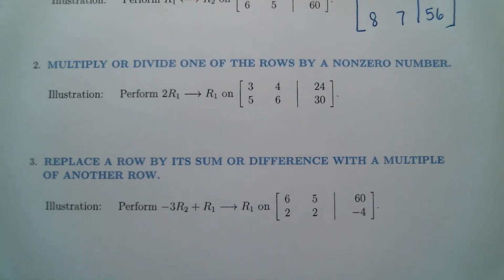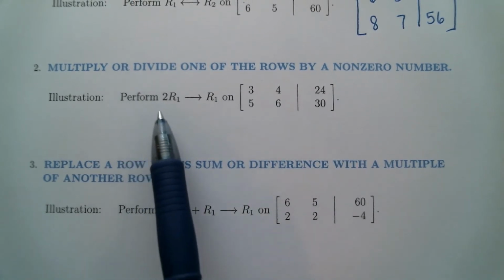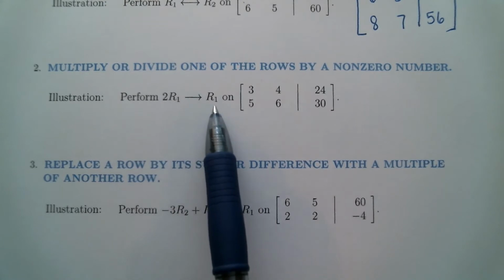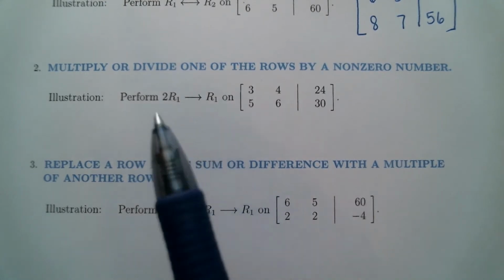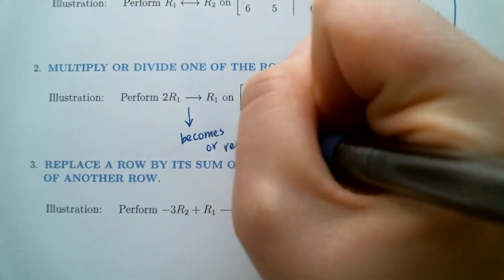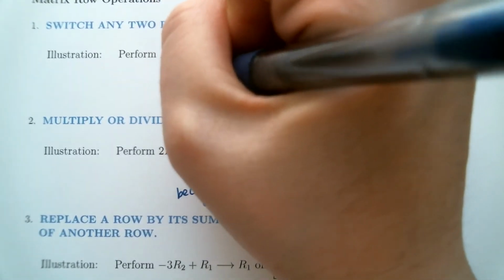So as the illustration, we are going to perform, read it to yourself, 2 times the first row becomes the first row. So this single-sided arrow means becomes or replaces. Becomes or replaces. And I guess I'll go back up here and say this double-sided one means switch.